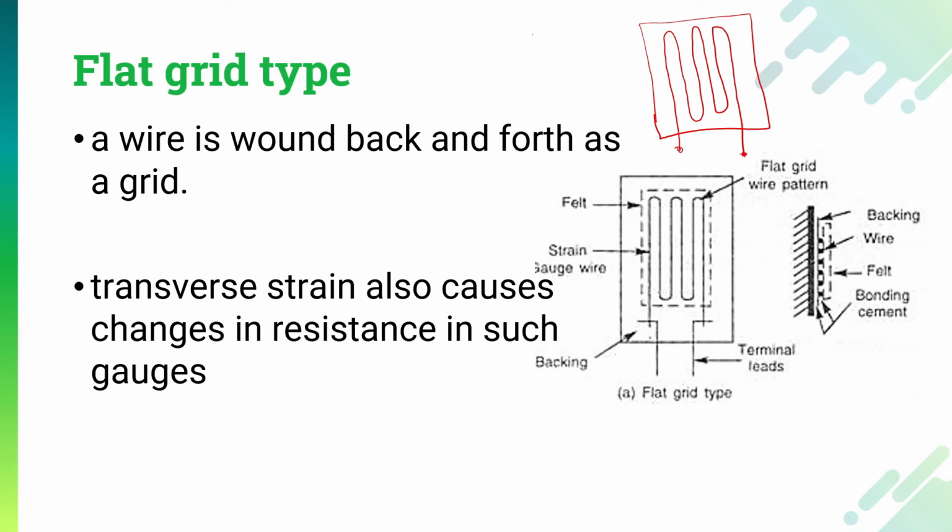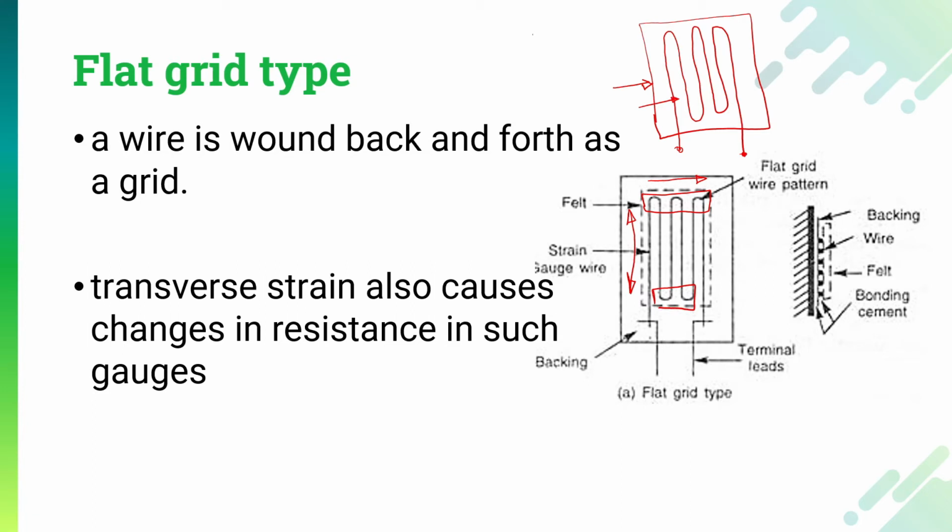This is what is going to happen in this type of strain gauge, and the backing material is normally paper or some kind of epoxy, and with the help of bonding agents, these wires are kept bonded with the backing material. Now, what is going to happen over here? With the measurement of the strain in the longitudinal direction, or say along the direction, this is also going to be affected by the transverse strain because of the section available on the top and the bottom over here.